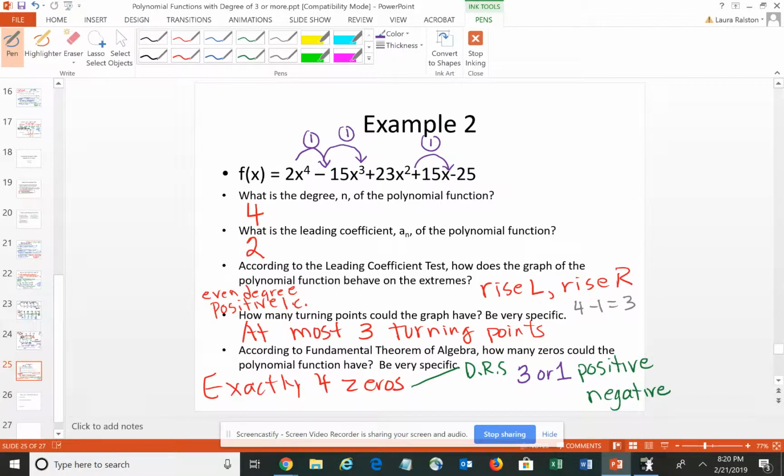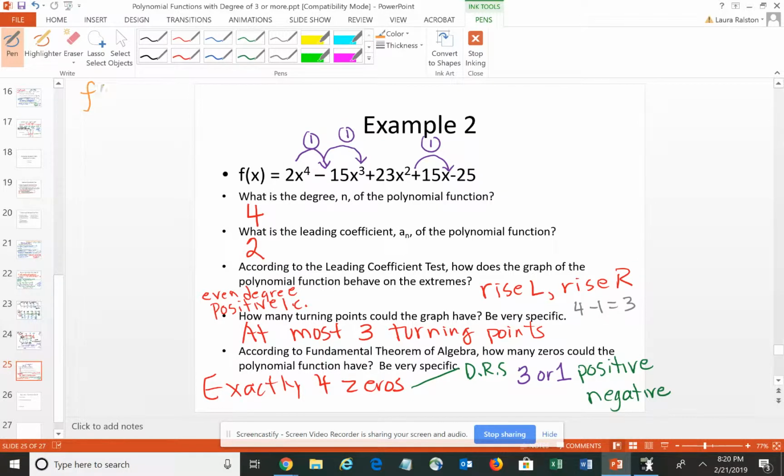To decide how many negatives you're going to have, you have to substitute negative x into the function. So I would have 2 times negative x to the 4th minus 15 times negative x to the 3rd plus 23 negative x squared plus 15 times negative x minus 25.